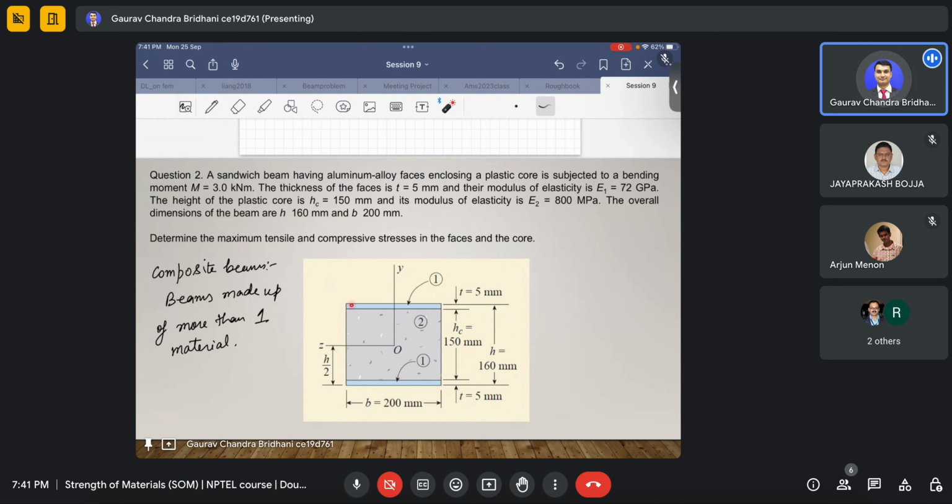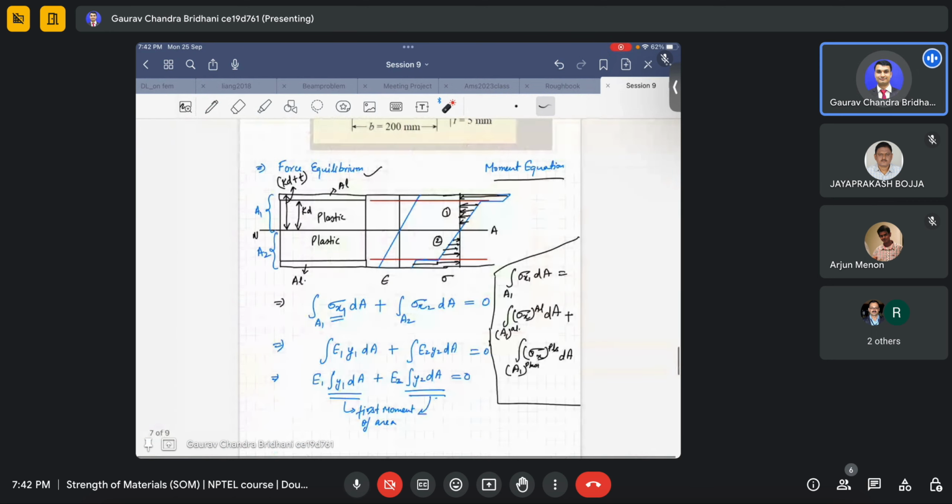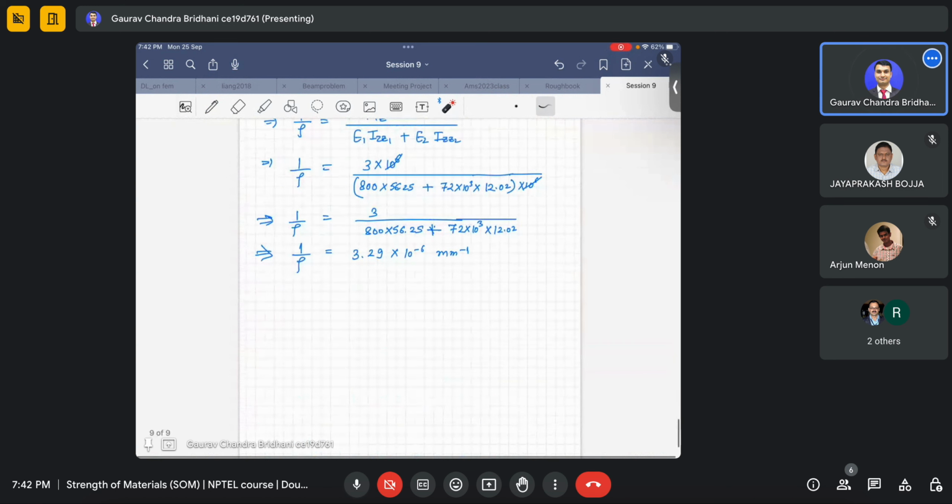Means you need to find the stress at the top surface of the aluminum face and the maximum stress in the core of plastic, okay. And you know that in this case tension and compression will just be signs, opposite signs, nothing else will be different, the value will be same, just one is compression and another is tension.